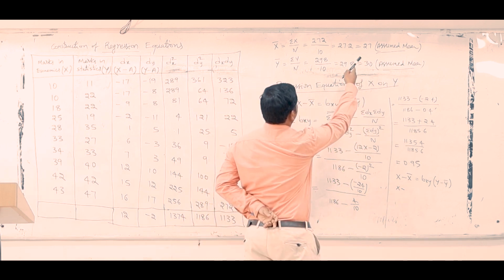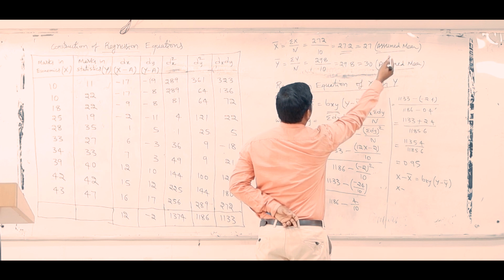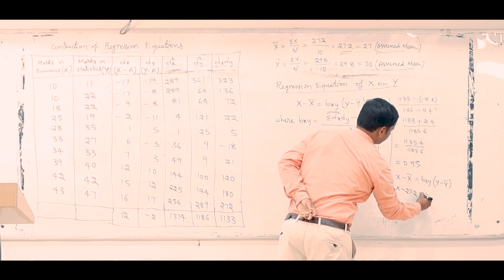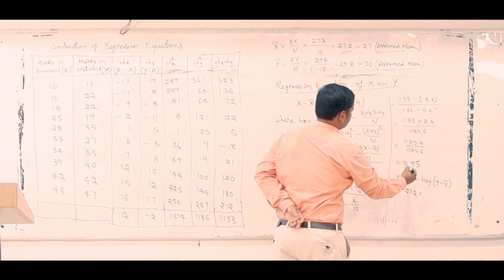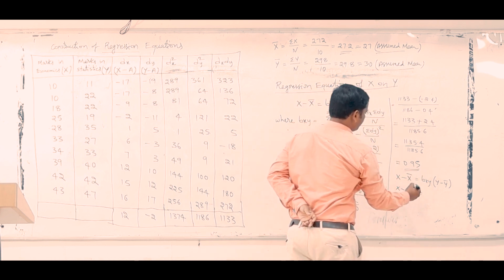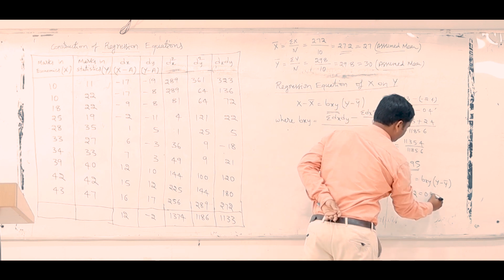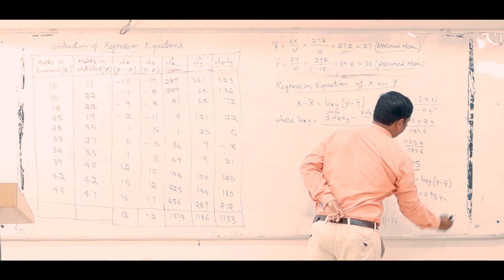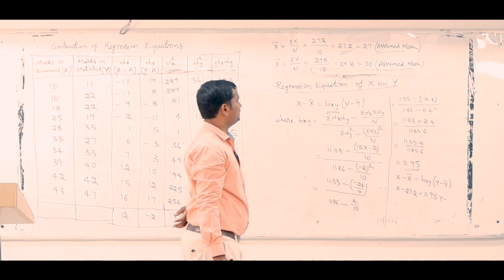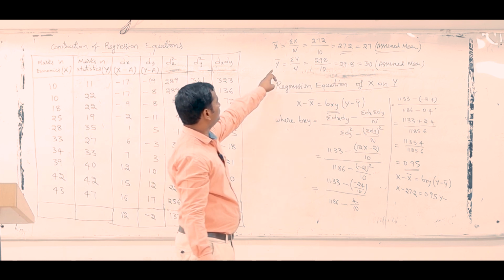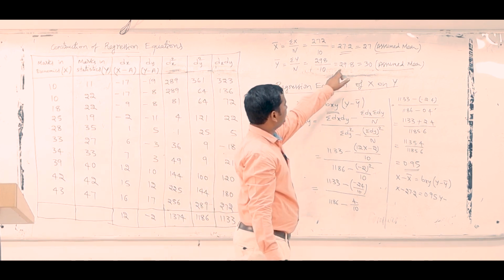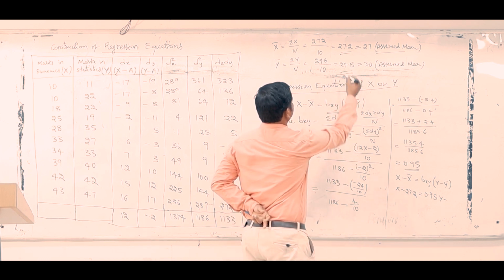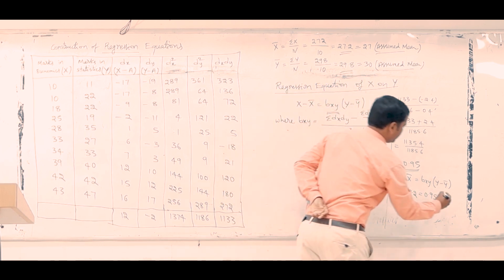We should take the original mean value, not the assumed mean. So 27.2 is equal to bxy, the value we got, 0.95, into y minus y bar. Here y bar means the mean of the y variable, which is 29.8. We should not take the assumed mean value, we should take the original mean value, 29.8.